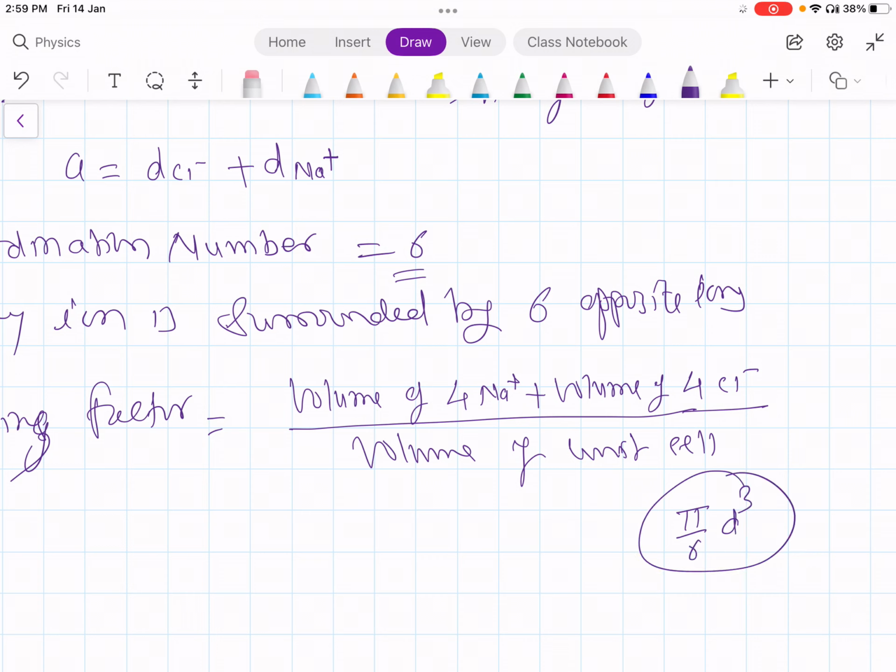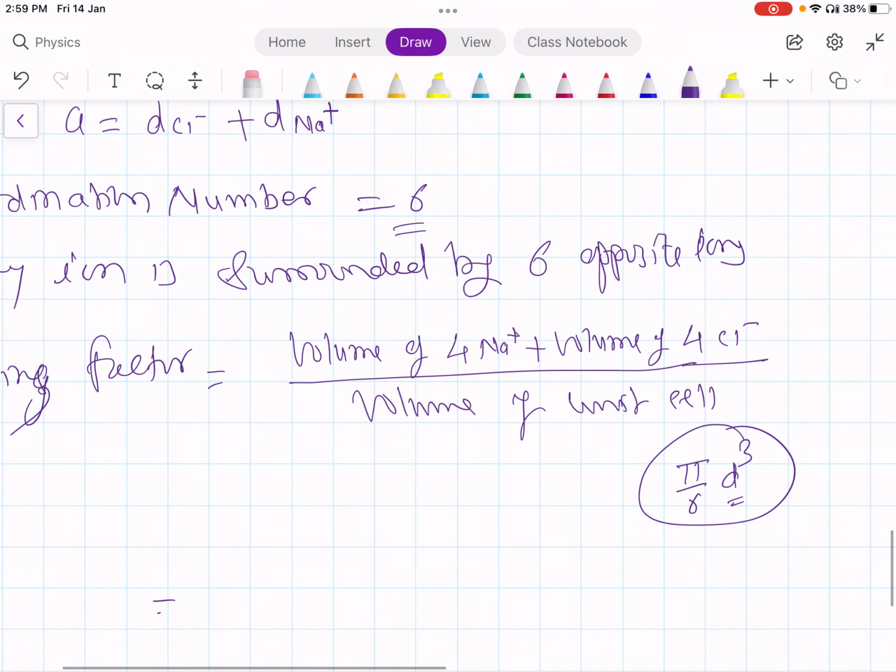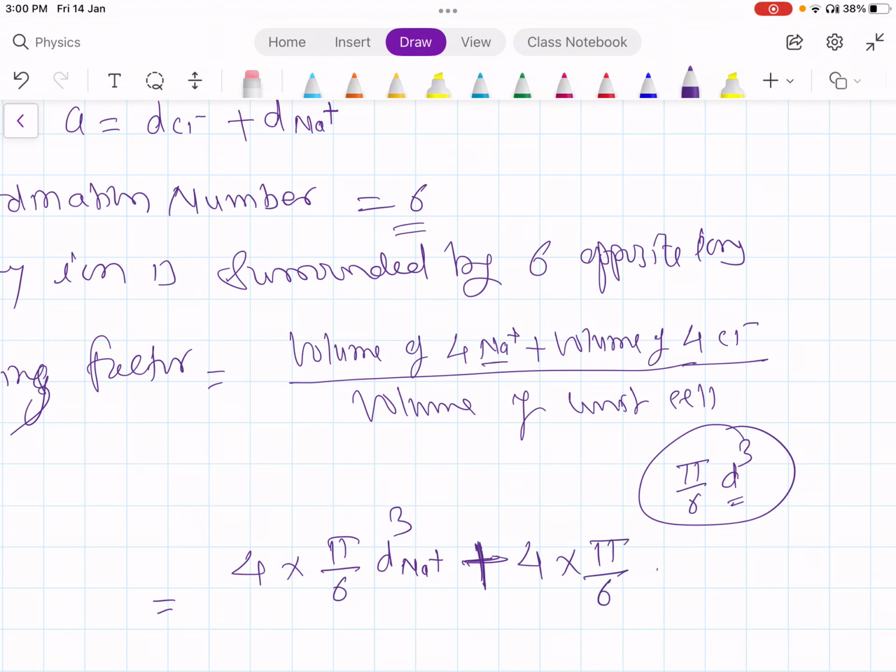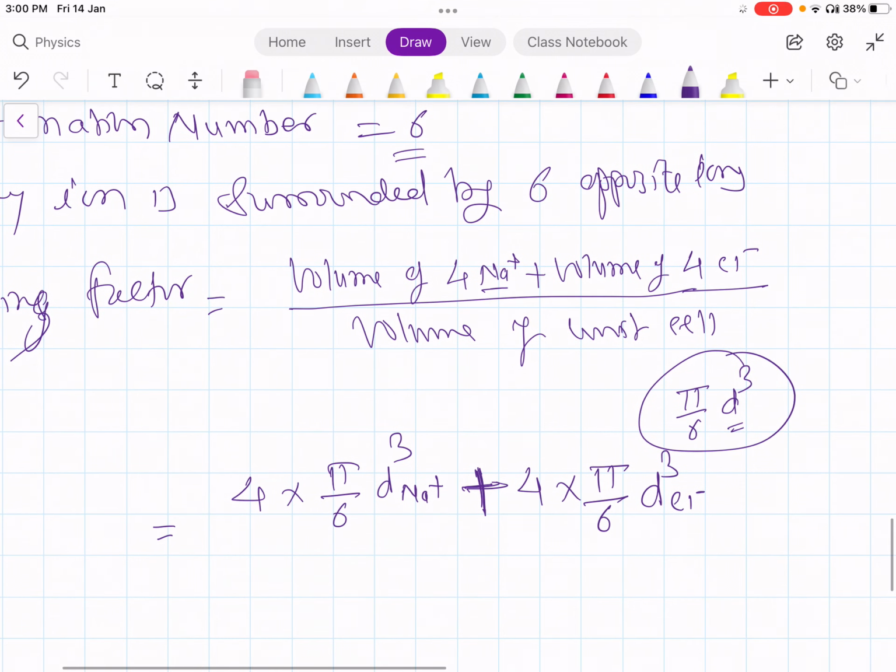So the volume of 4 sodium ions is 4 into pi by 6 diameter cube of sodium ion, plus 4 into pi by 6 diameter cube of chlorine ion, divided by A cube.